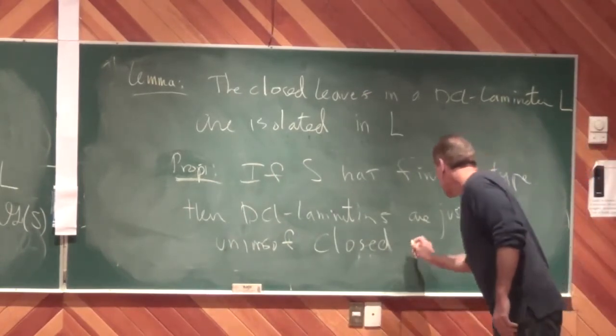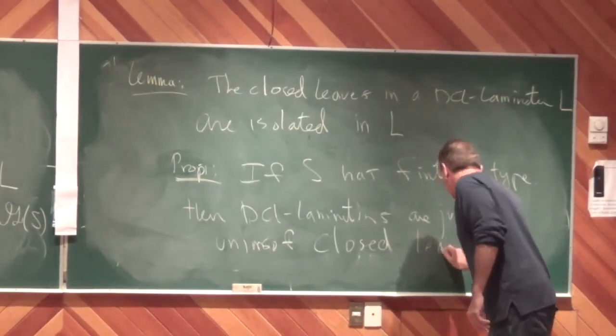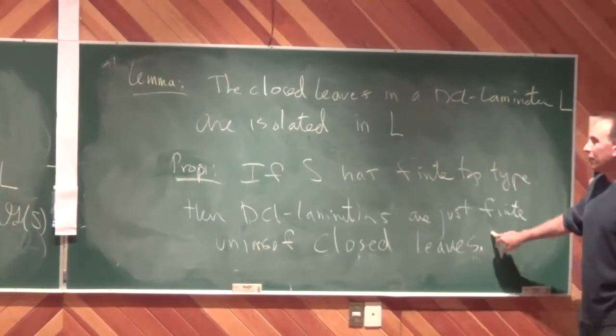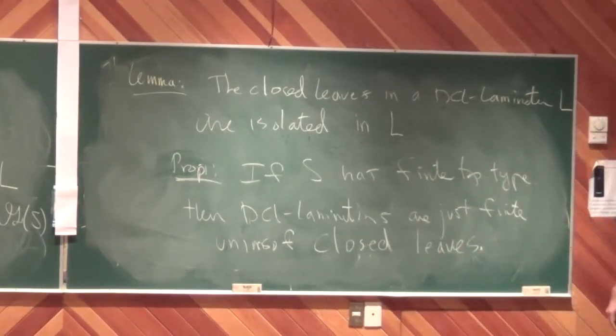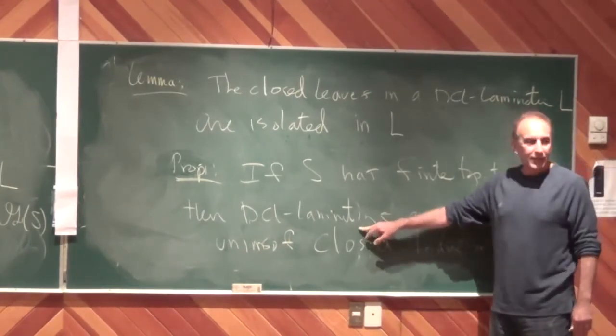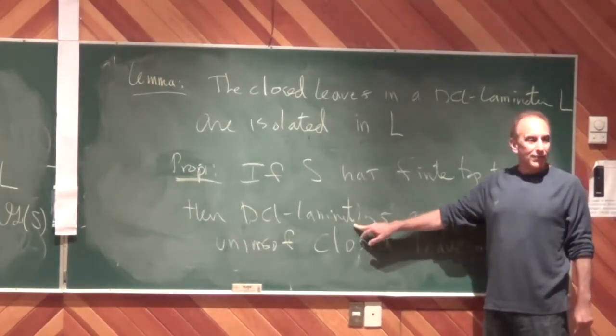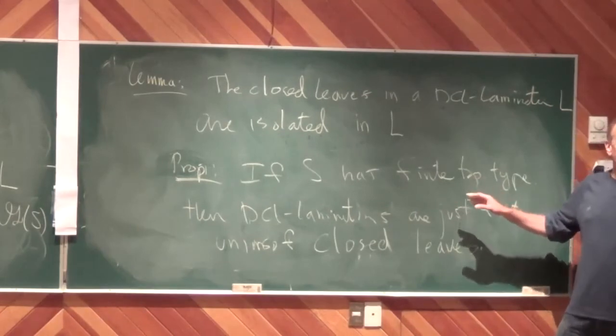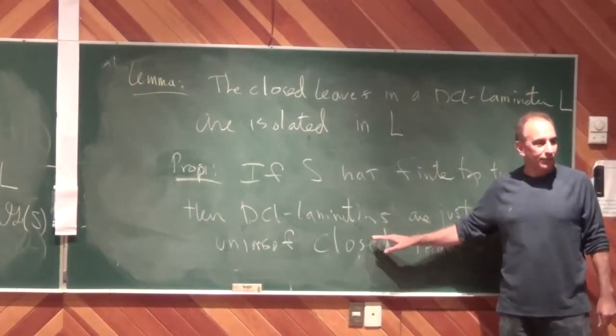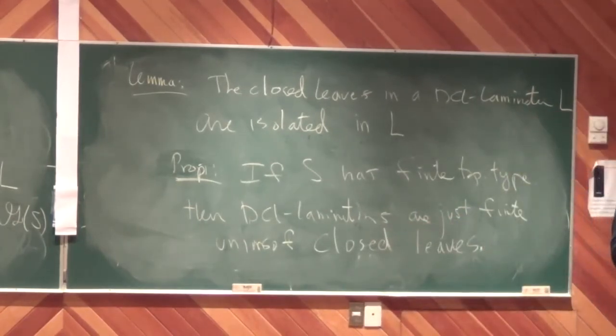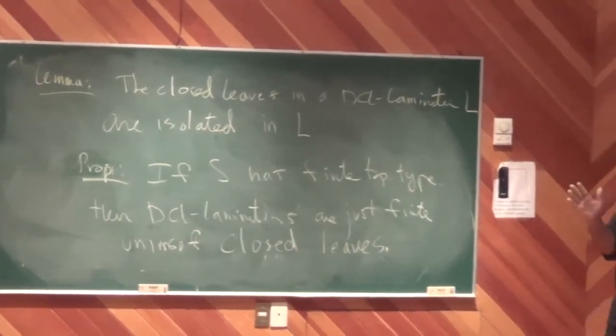Are just finite unions of closed geodesics. So the proof of this is, well, it's a DCL lamination. Leaves are either closed or open. Can you have an open leaf if S has a finite topological type? Well, if you have an open leaf, it's a DCL lamination, it's the limit of closed leaves.